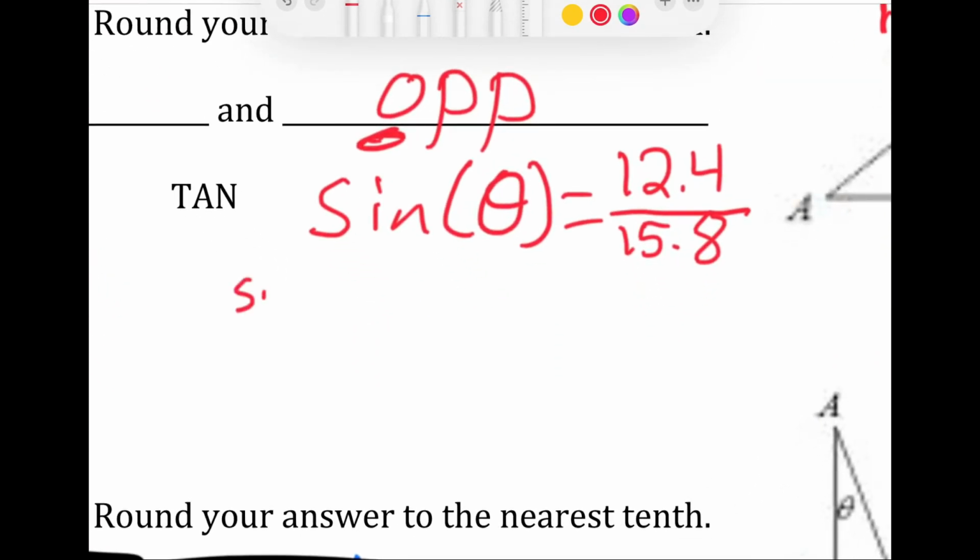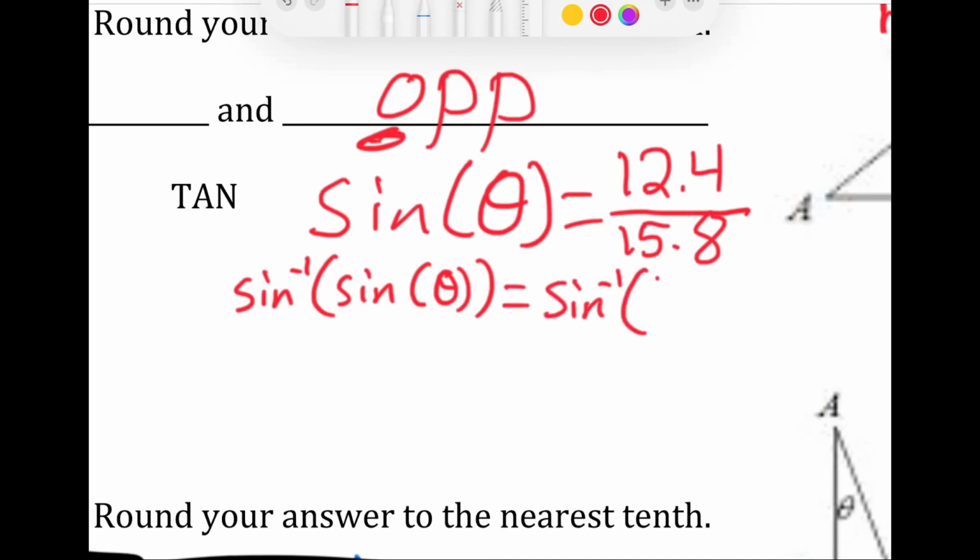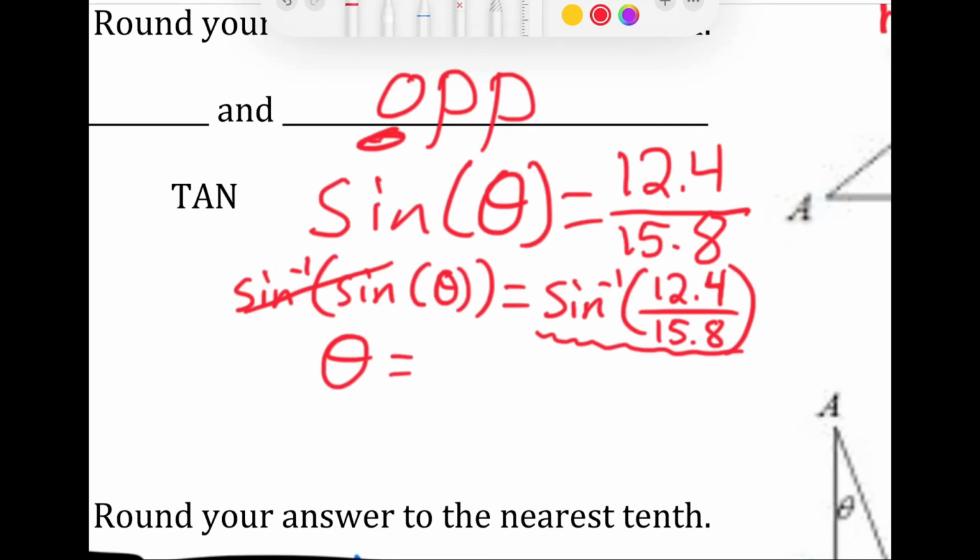We're going to take the inverse sine on both sides. The sines cancel out. We're left with theta equals, and we're going to put all of this on the right side into the calculator, and we are going to get 51.7 degrees.